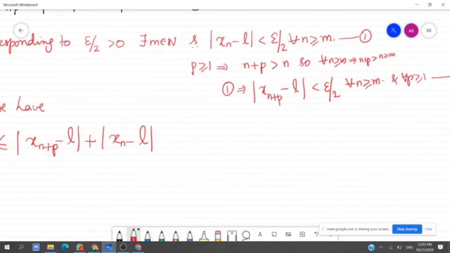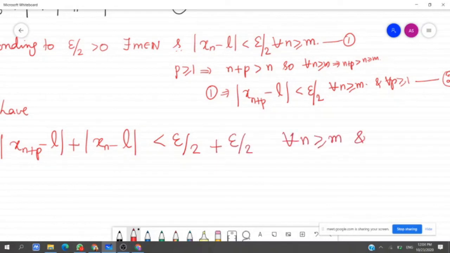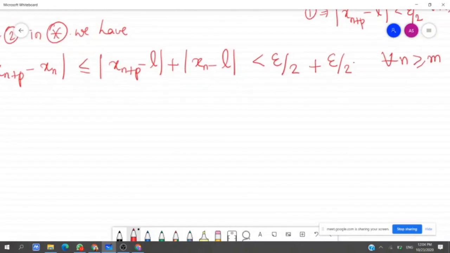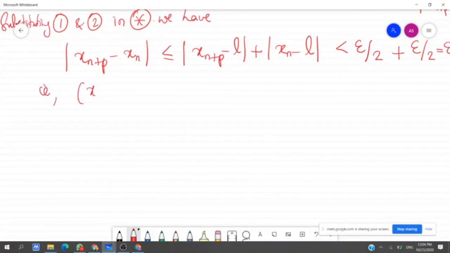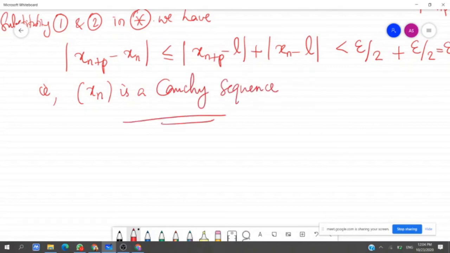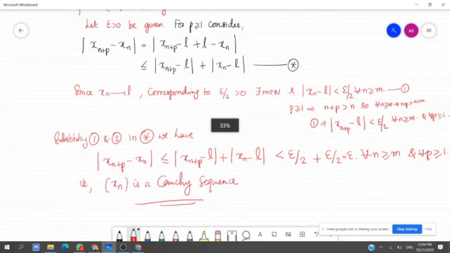From condition 1 this is less than epsilon by 2 and the other is also less than epsilon by 2 for all n greater than or equal to m and for all p greater than or equal to 1. That means this is less than epsilon. Okay, that means sequence xn is a Cauchy sequence. So every convergent sequence is Cauchy. Every convergent real sequence is Cauchy.